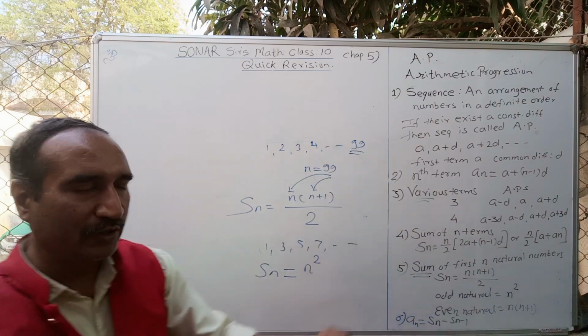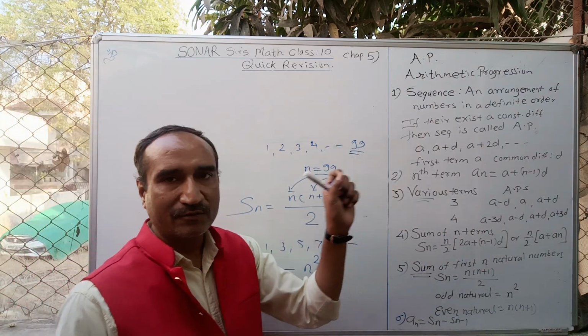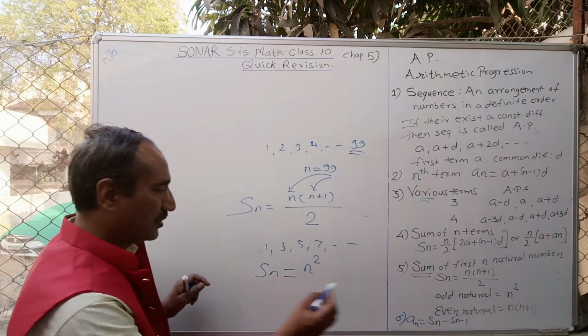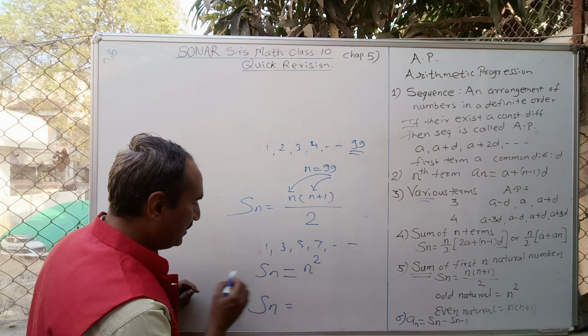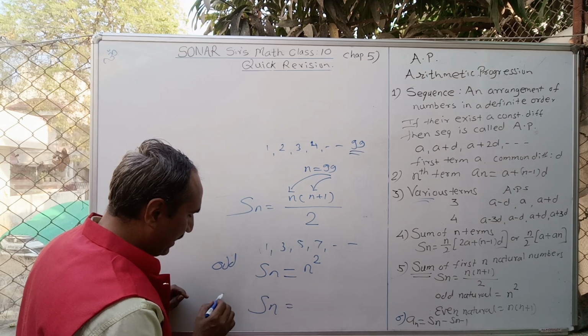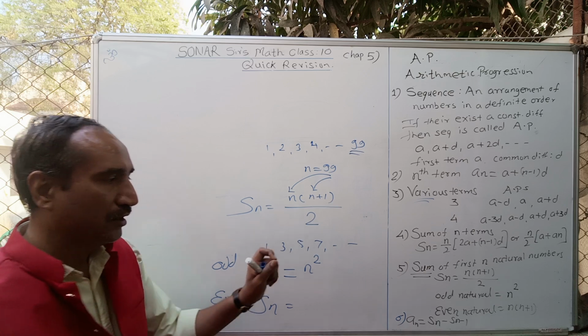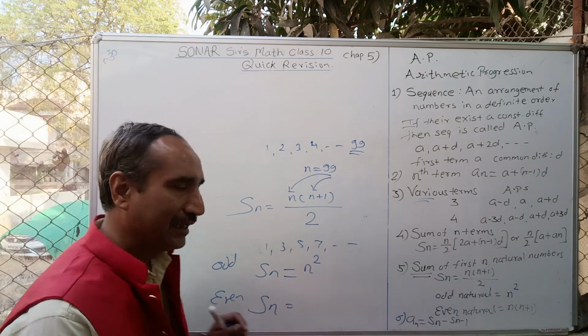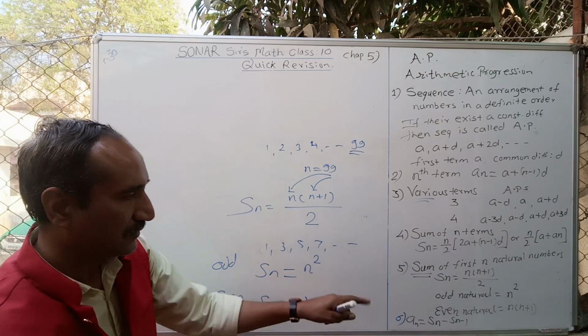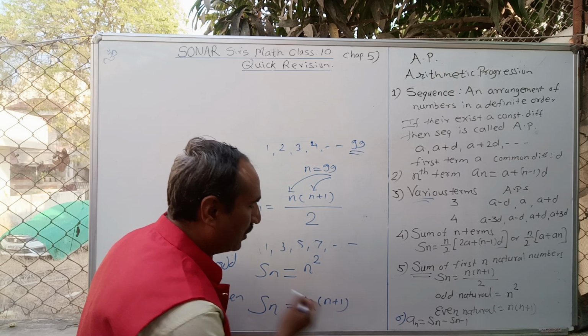Similarly, the formula for the sum of the first n even natural numbers. These are the odd natural numbers and these are the even natural numbers. The sum of the even natural numbers is n in bracket n plus 1.